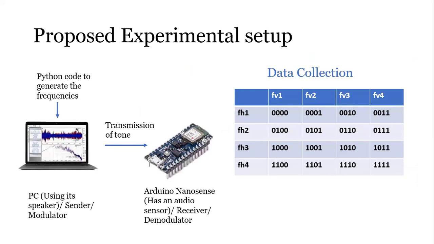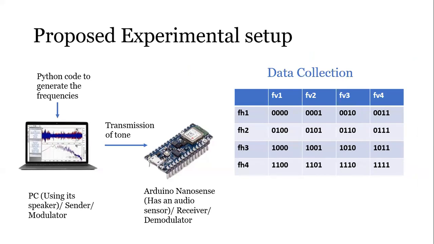So our proposed experimental setup is we will be using a PC as our modulator, and an Arduino Nano Sense, which has a microphone to receive audio signals, and it would be our demodulator.